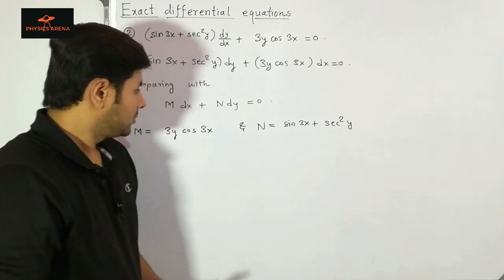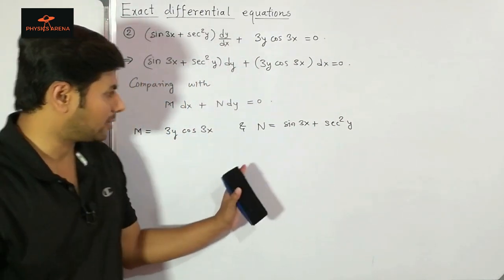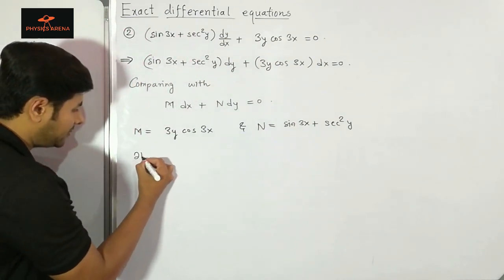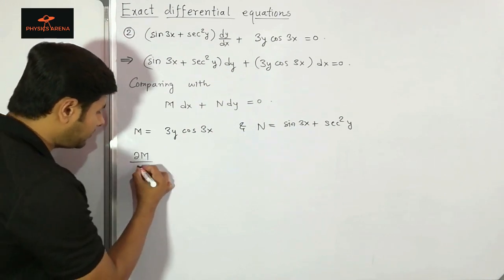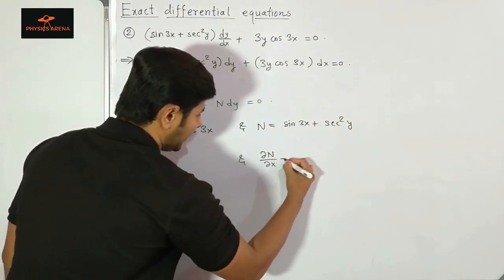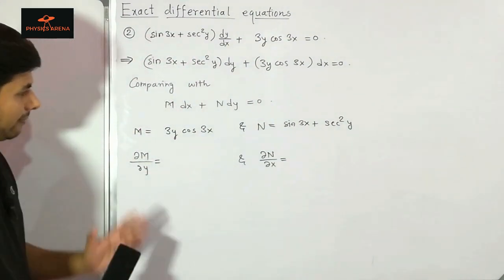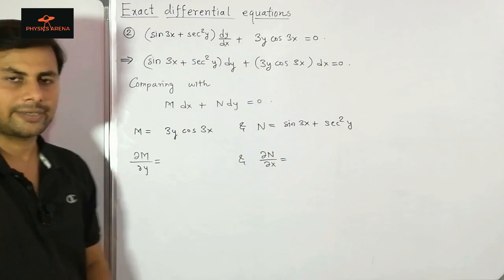Okay, now in order to check whether this is exact or not, we need to find partial derivative of m with respect to y and partial derivative of n with respect to x. If they happen to be equal, the differential equation is exact.